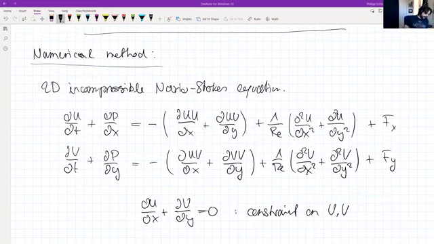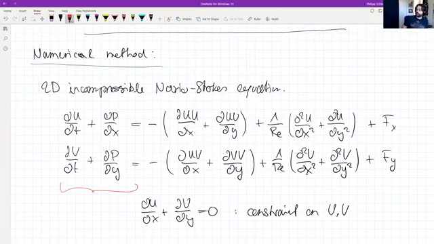Well, the issue is exactly that we have on the left side here the time derivative, so the terms that we need to update, and the pressure. Why did I put the pressure also on the left side? Well, the thing is, we don't have an explicit equation for the pressure, as we discussed before the break.